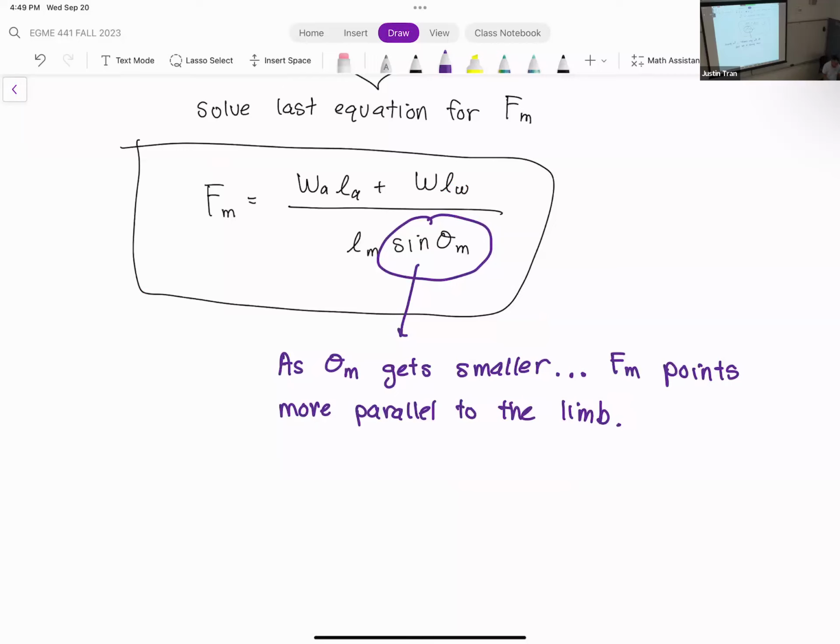Mathematically, what happens is that when theta m goes closer to 0, what's sine of 0? Sine of 0 is 0. Generally speaking, sine of an angle gets smaller as the angle gets smaller as well. And if sine of theta m gets smaller, then that makes Fm larger.